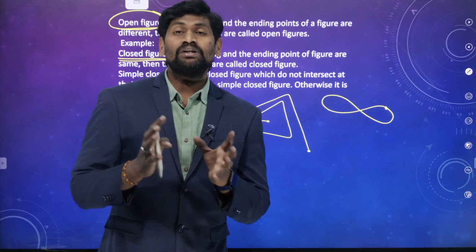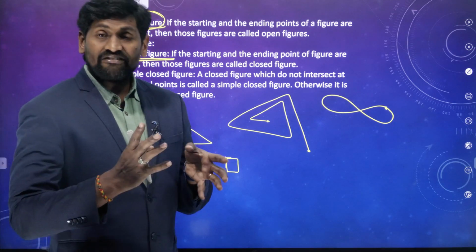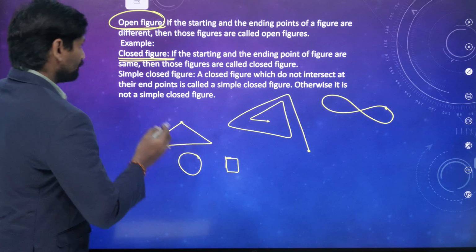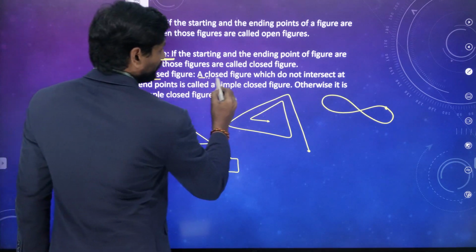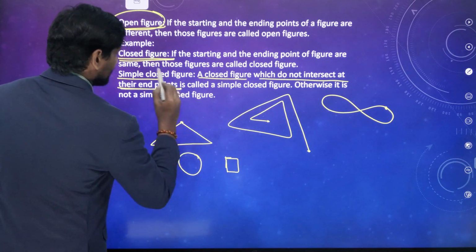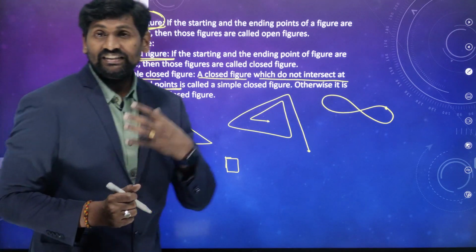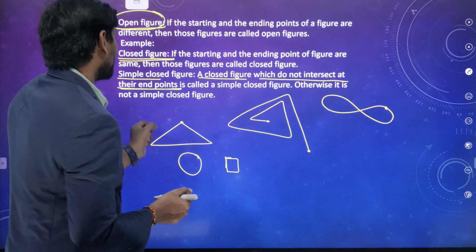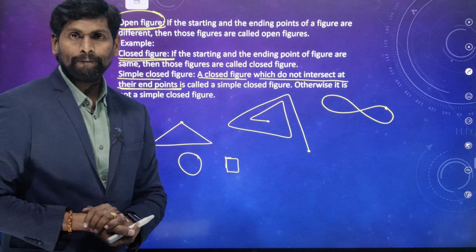They are all simple closed figures because they never intersect in between. A simple closed figure is nothing but a closed figure which does not intersect at its end points. Otherwise, it is not a simple closed figure.